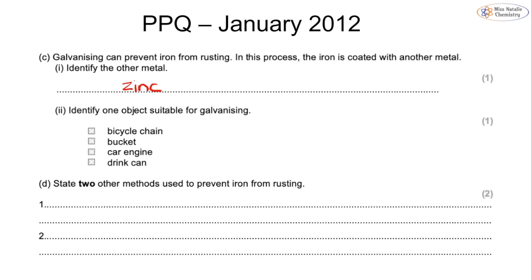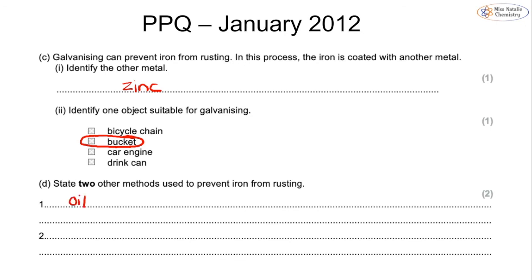And then identify one object that is suitable for galvanizing. Well, we want something that is not too big and not too small, and we want it to be something that's going to come into contact with water and air. So a bucket is going to be the most likely thing. And then two other methods that can be used to prevent iron from rusting. Well, we can do any two that we've looked at.